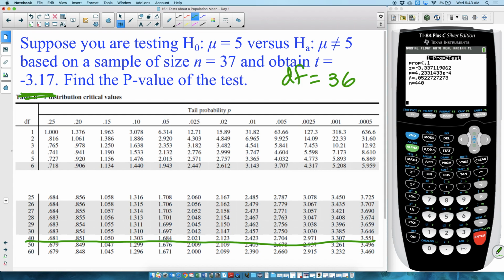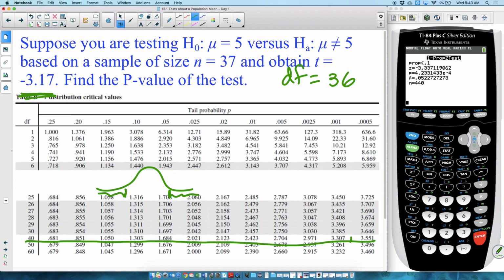This chart only shows the positive side, but the t distribution is perfectly symmetric, just like the z distribution. So what's to the left of negative 3.17 is the same as what's to the right of the positive version. So I want to get as close as I can to that 3.17, and it's going to be positive.